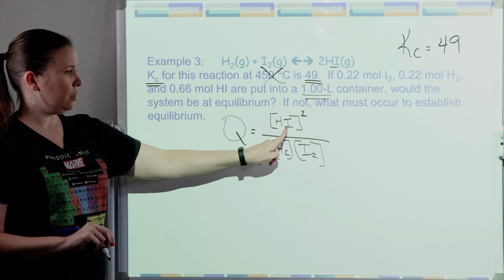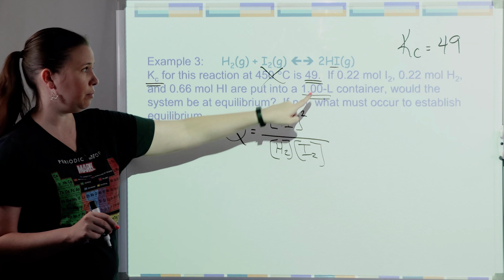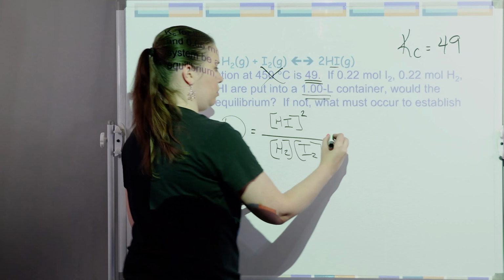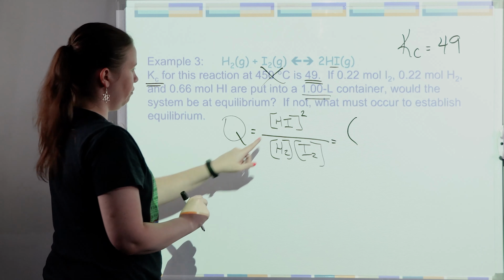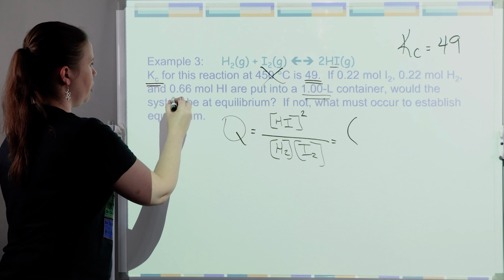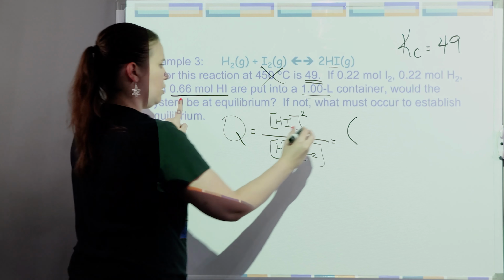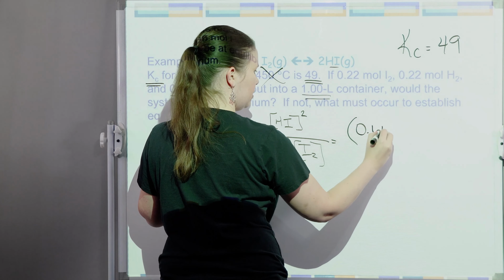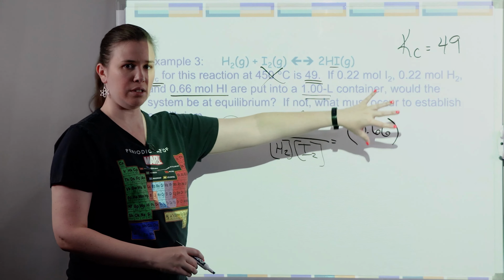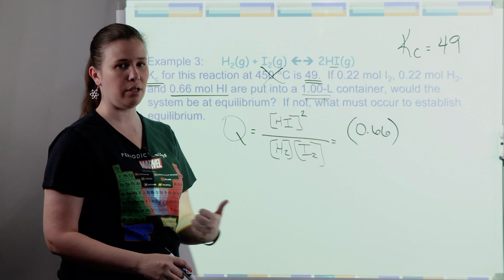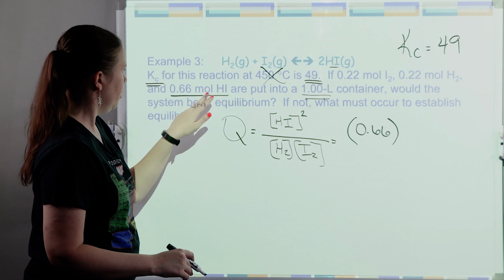Now I want to plug in the molarities. So again, be careful of the liters. Since I have 1 liter, the moles are the molarities. And the first one on top I want to look for is the HI. So that's going to be the 0.66. And again, I'm not going to write the units. I'm not worried about them canceling out. I just want to make sure that I have molarities when I put them in there.